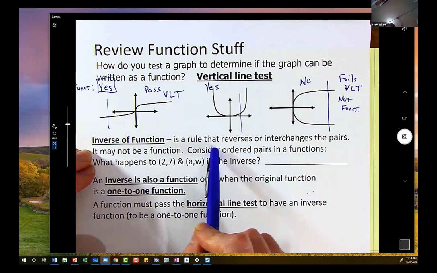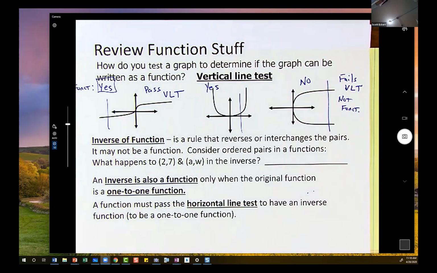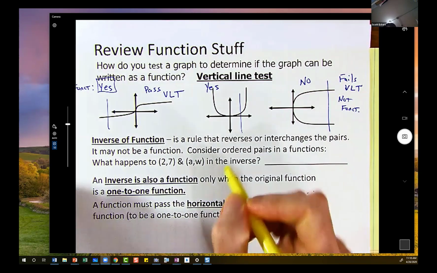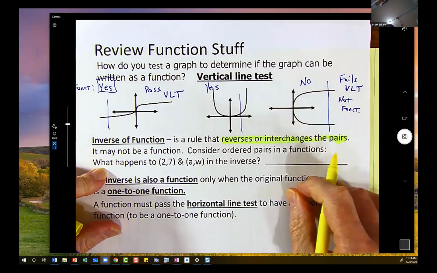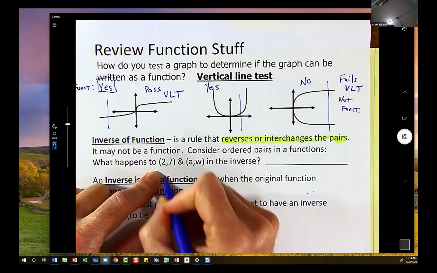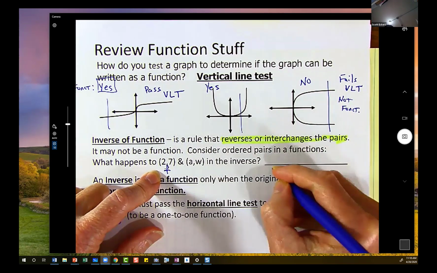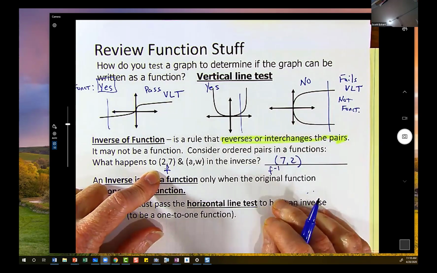An inverse function is a rule that reverses. So it reverses or interchanges the pairs. There's this swapping thing going on. You might remember that from before. So if 2, 7 is a part of F, then F inverse is going to have a swap, 7, 2.